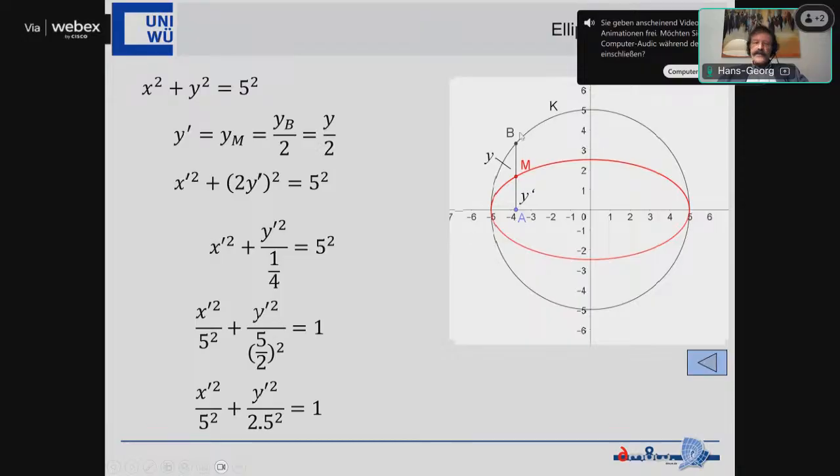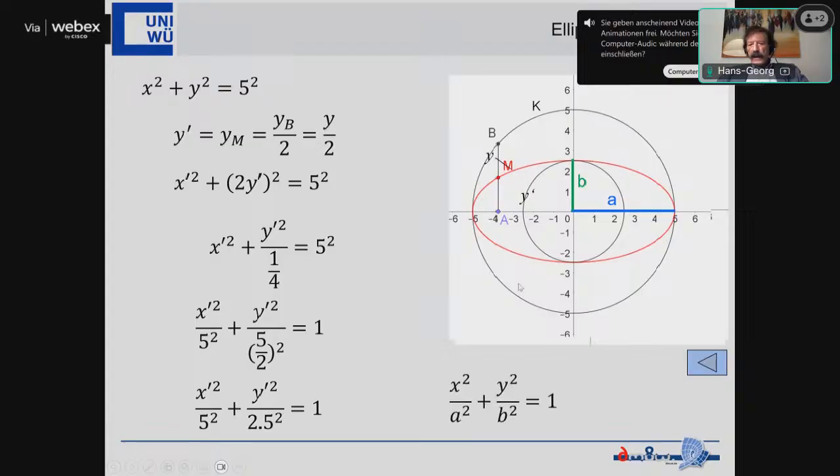So if you do this transformation from a circle, you get the ellipse, and this shows the relationship between these two objects. In a general way, the equation of an ellipse is what's written here, with these two lengths a and b. And if a equals b, of course, then it's a circle.